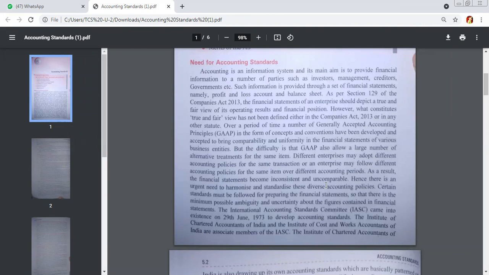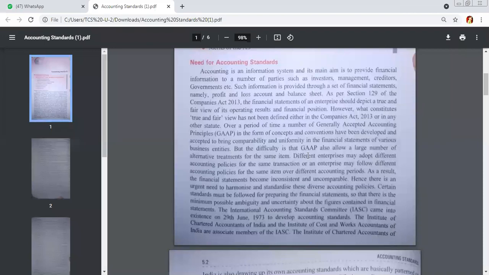However, what constitutes a true and fair view has not been defined. This view has not been defined by the Companies Act 2013 or in any other statute. Over a period of time, a number of generally accepted accounting principles, that is GAAP, in the form of concepts and conventions have been developed and accepted to bring comparability and uniformity in the financial statements of various business entities.